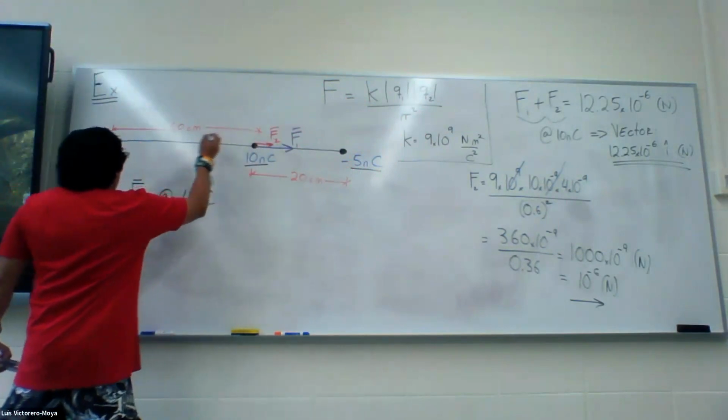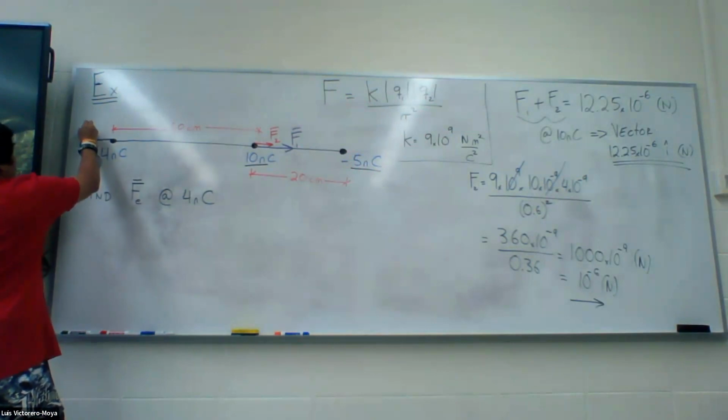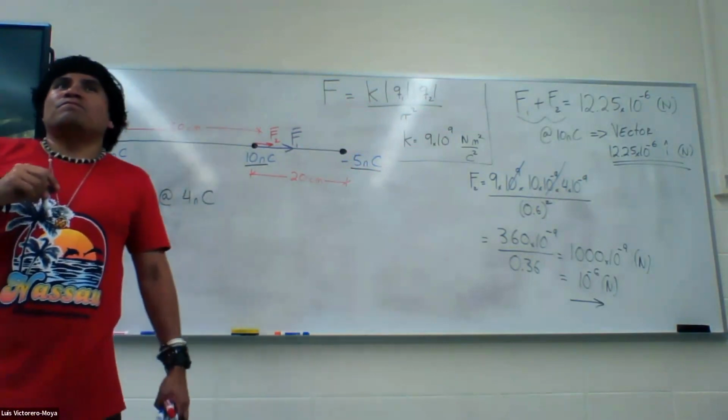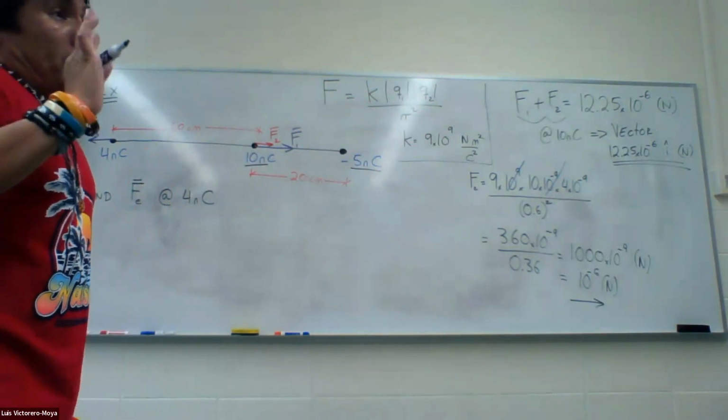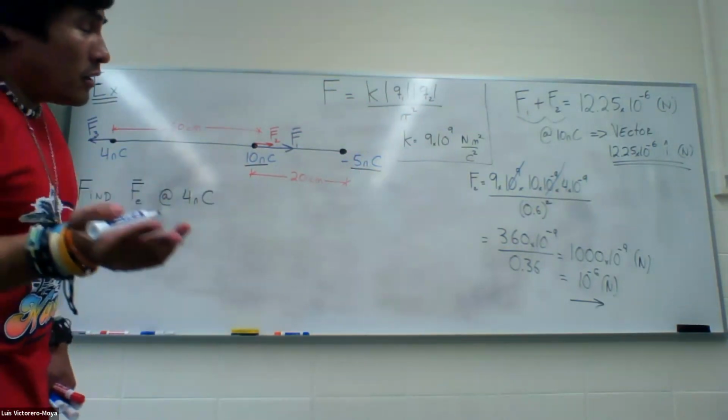You see this F2? This could also be, let's call it F3. They are not the same vector, but they have the same magnitude. Vectors may have the same magnitude but different directions.